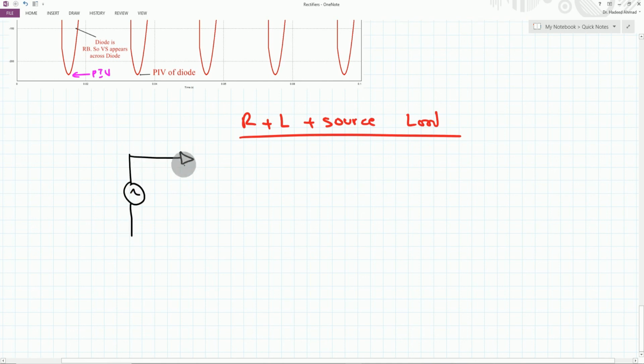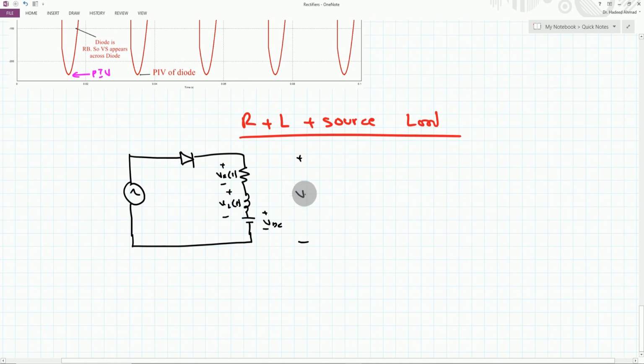We still have this single diode here, this inductance, and here we have a DC source. So this is plus minus VDC, this is vL(t), here we have the vR(t), and this combined becomes equal to the output voltage v0(t). And here we have vs(t) equal to Vm sine ω t.